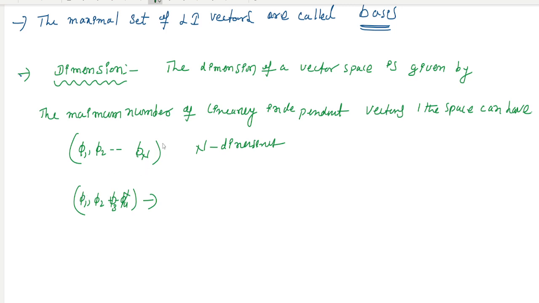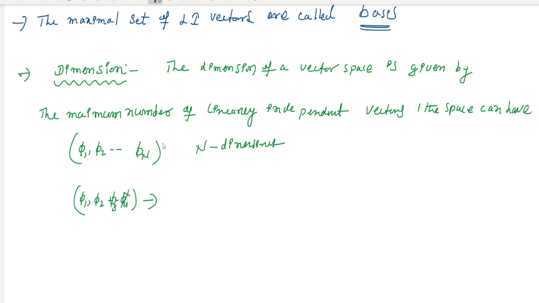So these are all: what is a linear independent vector, a linear dependent vector, what is the basis, and what is the dimension. Okay. Then finally, I'm going to discuss with you what is the inner product of two vectors.